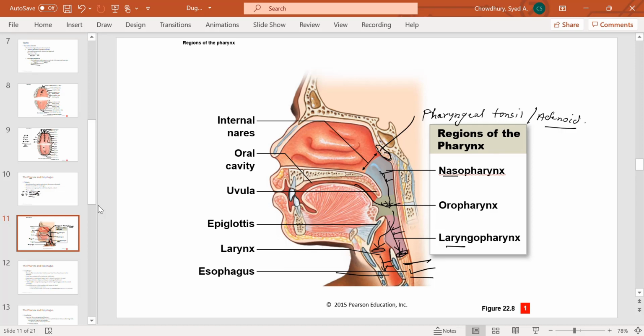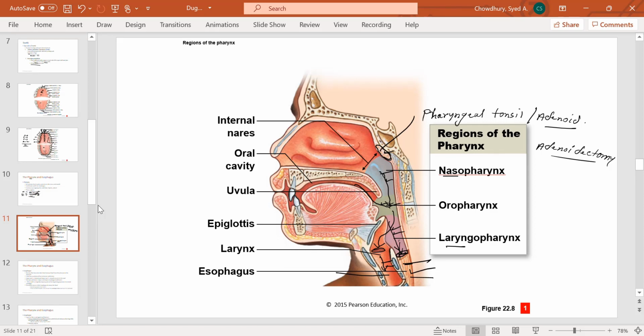And the surgical removal of the pharyngeal tonsil is called adenoidectomy. Ectomy means removal.